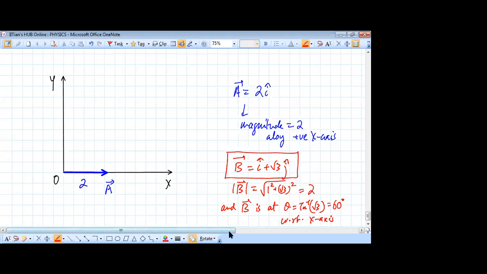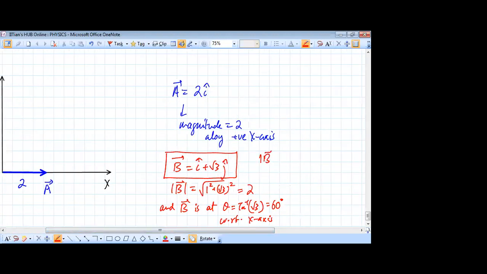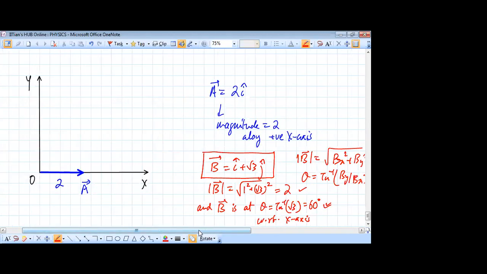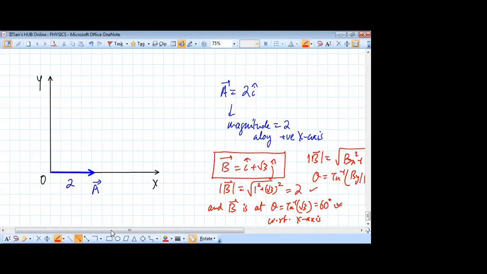So magnitude of B is root of bx square plus by square, and theta is tan inverse of by by bx. So using these two formulae, we have got this magnitude and we got this direction. So coming back to the diagram, how will vector B be in the diagram?